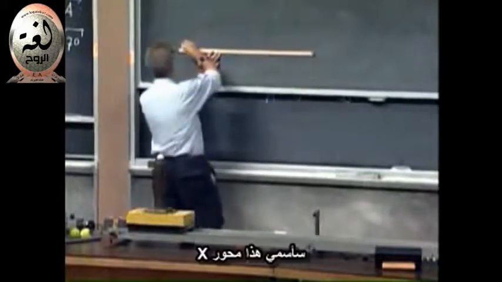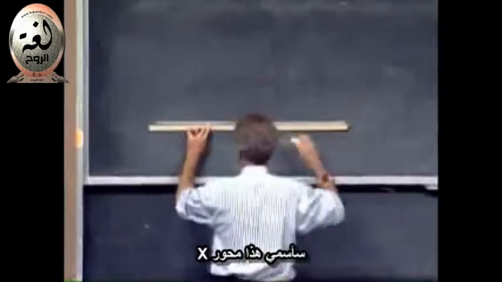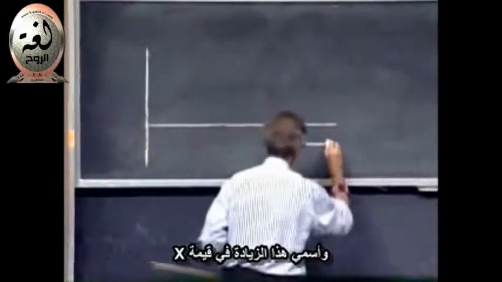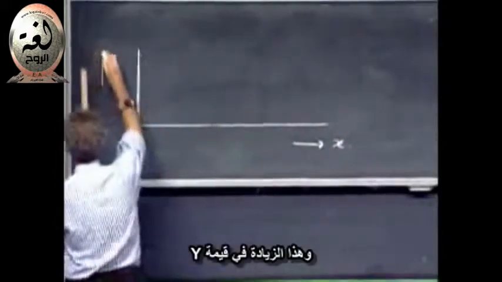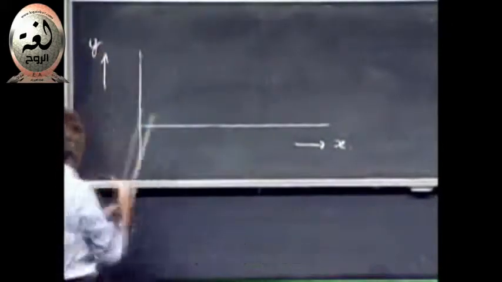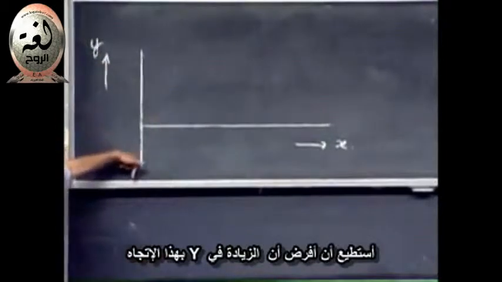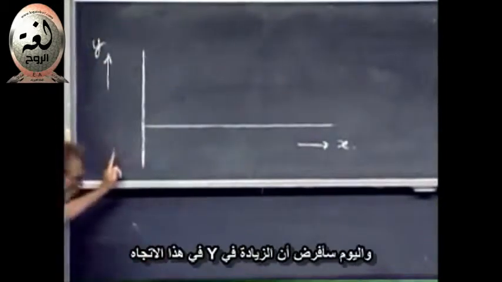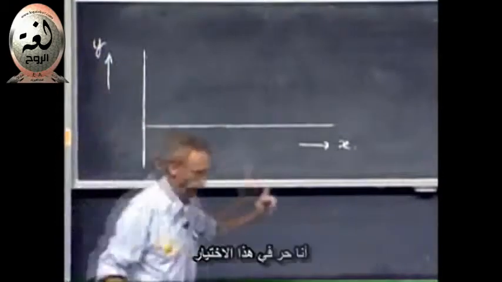I call this my x-axis, and I'm going to call this my y-axis. I call this increasing value of x, and I call this increasing value of y. I could have called this increasing value of y. Today I've decided to call this increasing value of y.